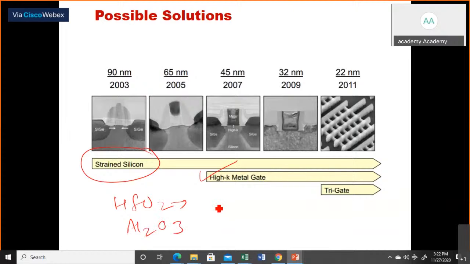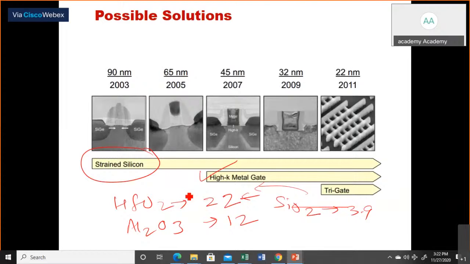Its dielectric constant is around 22, and Al2O3 is around 12. If you compare with the conventional SiO2 dielectric constant, that is equal to 3.9. So you are getting over 5 times change in the high K dielectric.